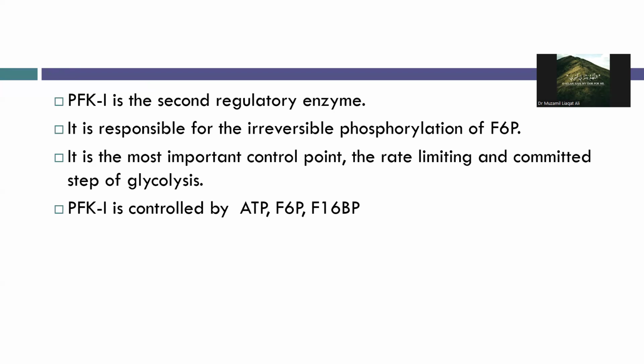And the third one is it is also activated by fructose 2,6 bisphosphate and fructose 1,6 bisphosphate. That is a feed forward activation process, right? So phosphofructokinase deficiency, that occurs in Tarui disease, glycogen storage disease type 7, causes severe exercise intolerance and hemolytic anemia.